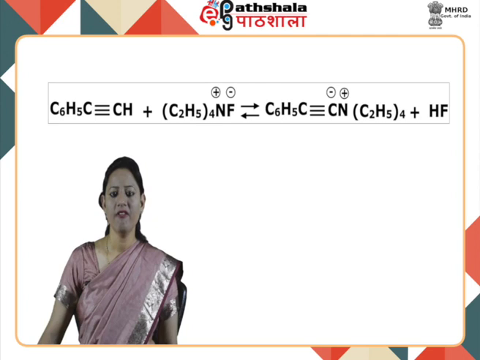For example, phenylacetylene, when treated with a 1 molar solution of tetraethylammonium fluoride, TEAF, in acetonitrile, forms the phenylacetylide ion. C6H5C triple bond CH, when treated with tetraethylammonium fluoride, gives C6H5C triple bond C minus, which is a carbanion.